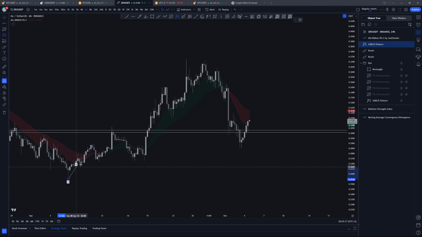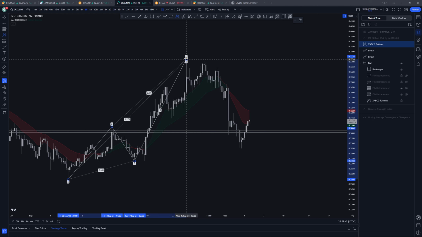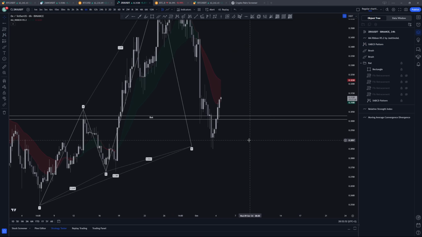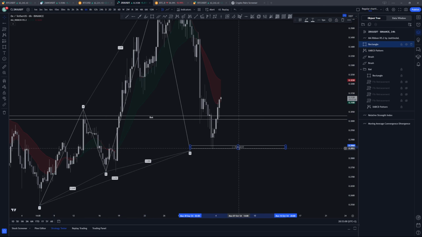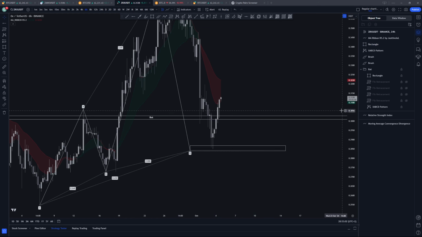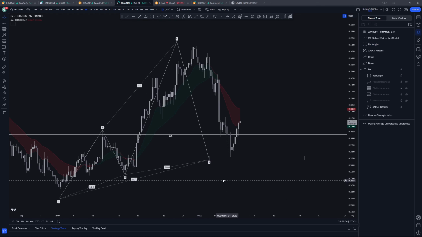Let's try something else. Try to get a white swan. Yeah, that's a 3.0. That's nice. Gonna look for that to hit a 382. The 382 is right over there, and then the 886 is right over there. So this is your, yeah, okay. We didn't get that entry.